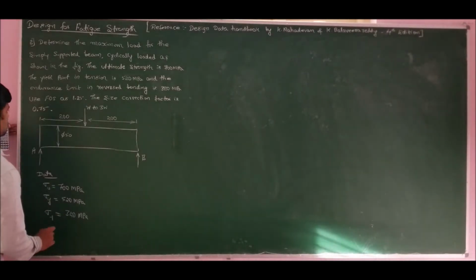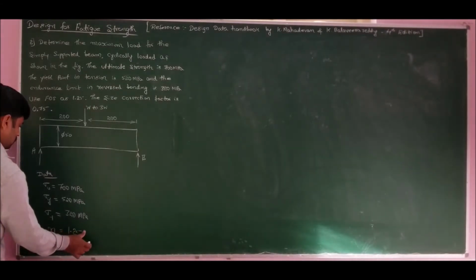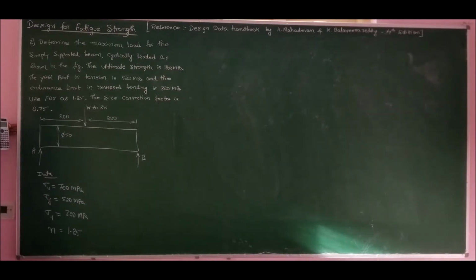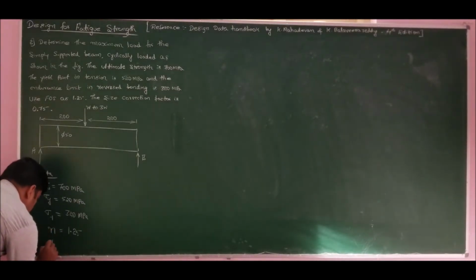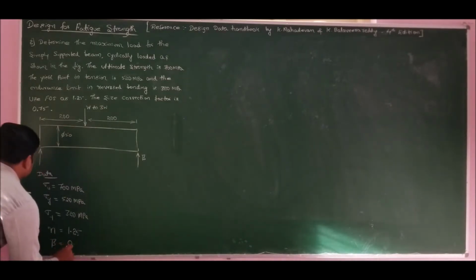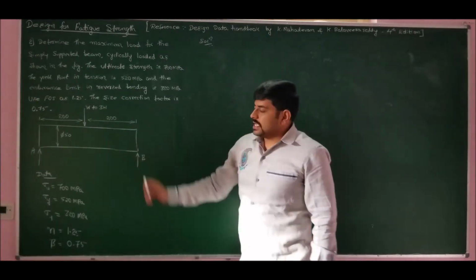Take factor of safety as 1.25, that is small n equal to 1.25. He has also given the size correction factor. Size correction factor is B, and B is 0.75.